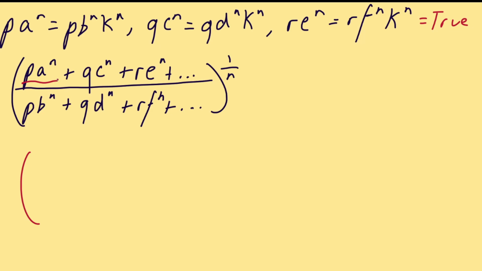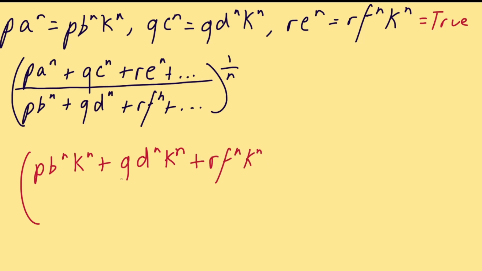Now, p a to the power n is the same as this here. So we can write it like that. Same with all the other ones here. And at the bottom, we can just keep it the same.